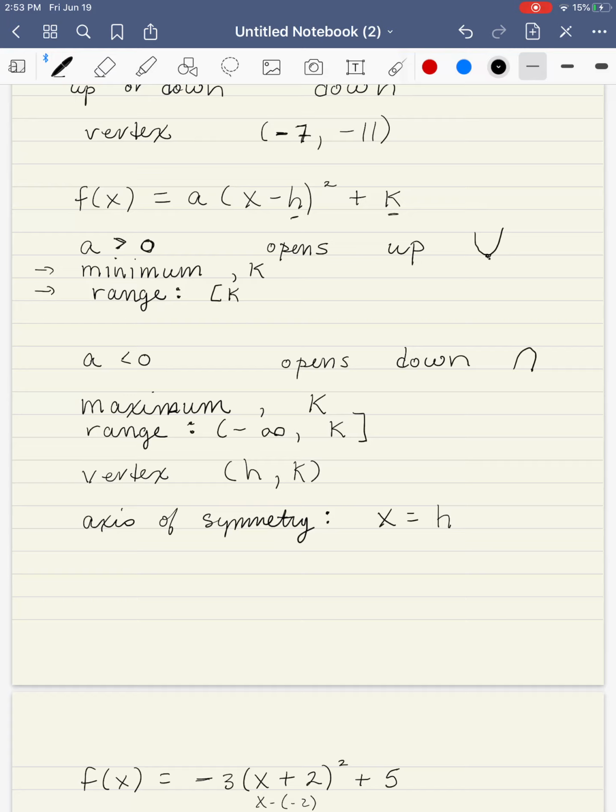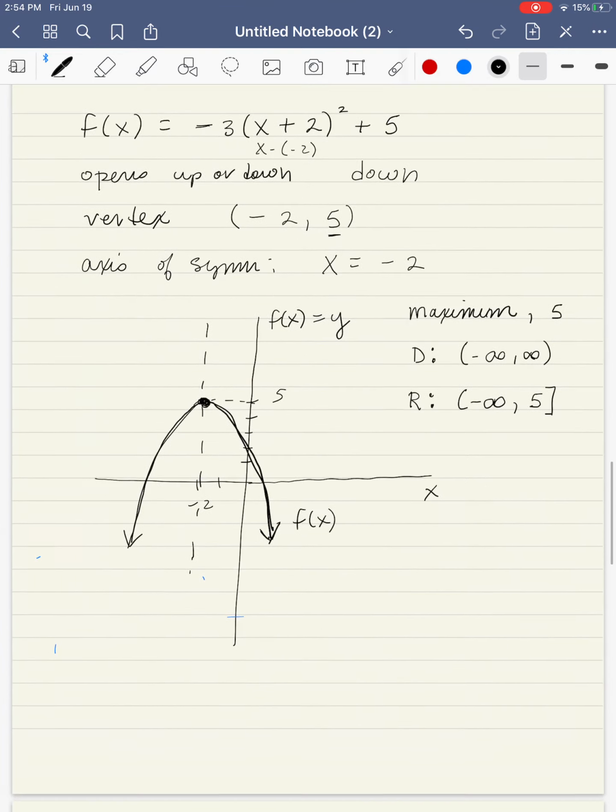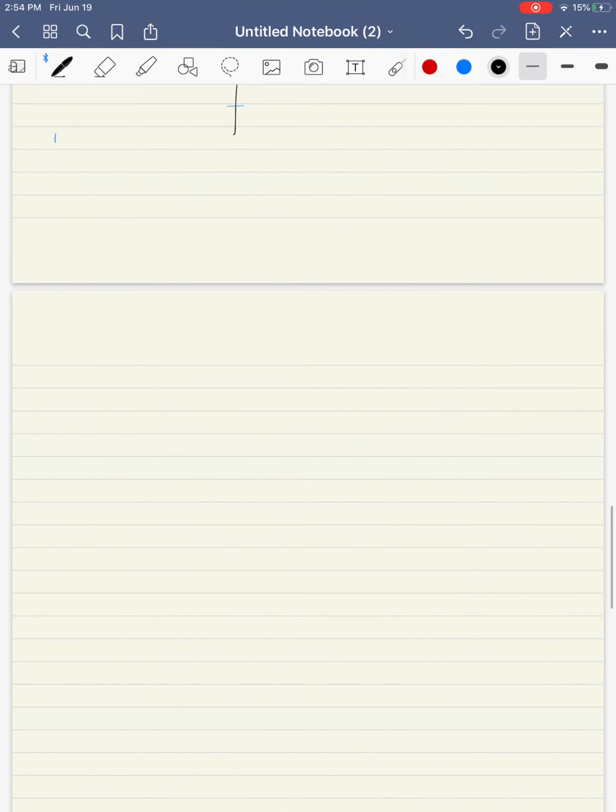We're starting at k, including k, and going to infinity. So we can get a lot of information about a graph if it is in this special form, and this is called perfect square form. So I'm going to give you one more example.